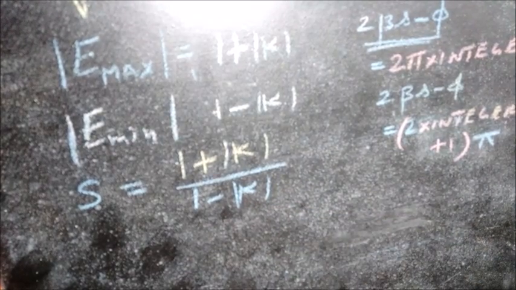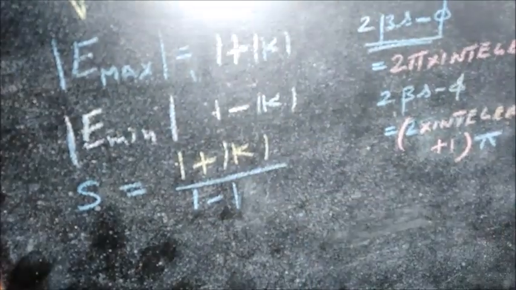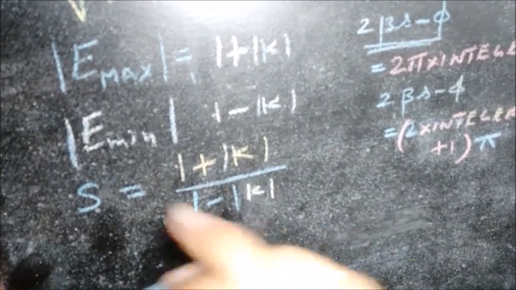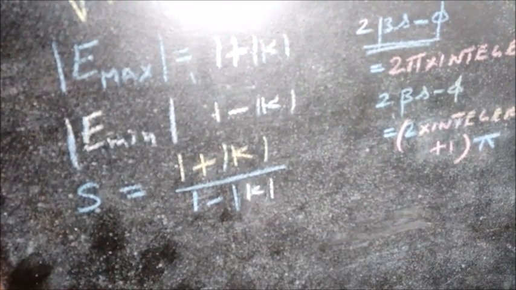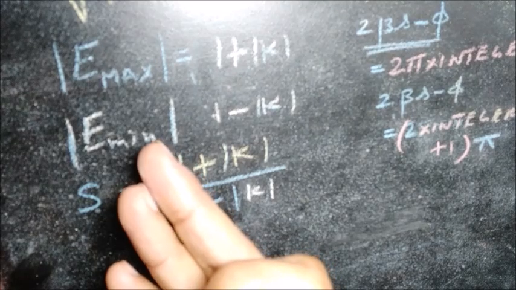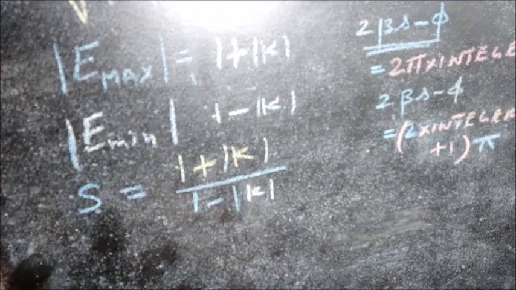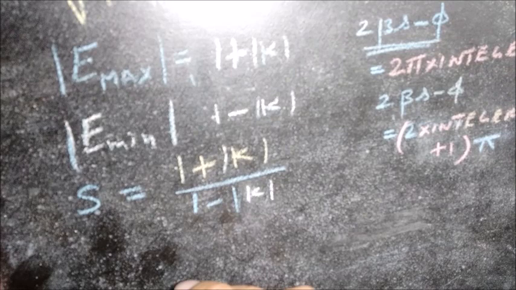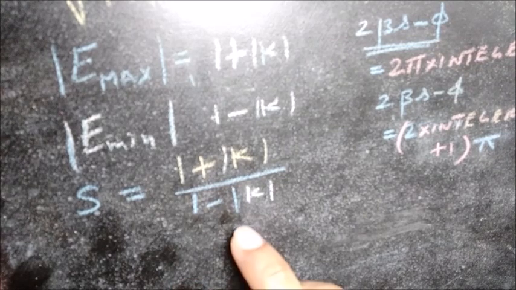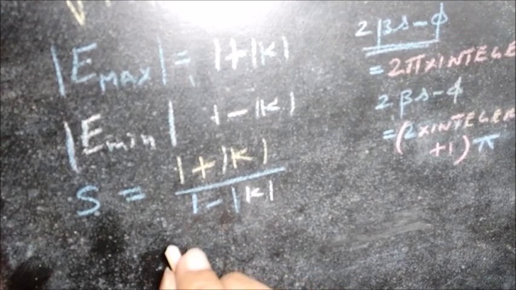This is what we mean by the standing wave ratio. It is magnitude Emax by magnitude Emin, the maximum amplitude of the voltage waveform divided by the minimum amplitude of the voltage waveform.